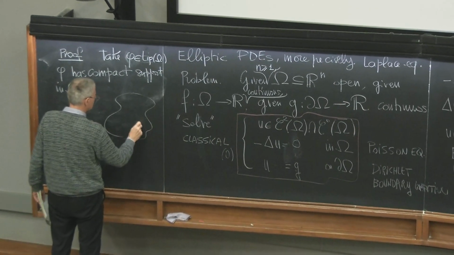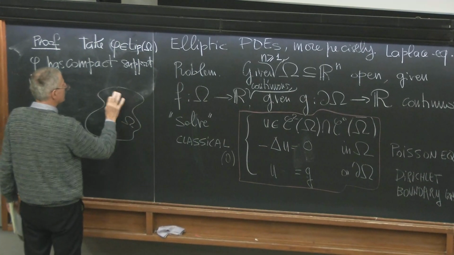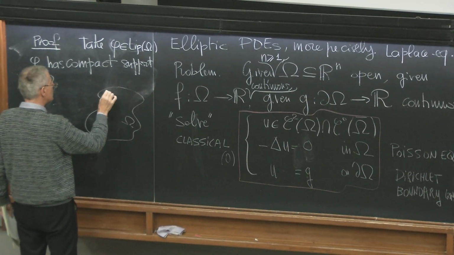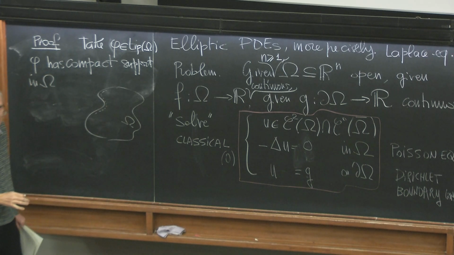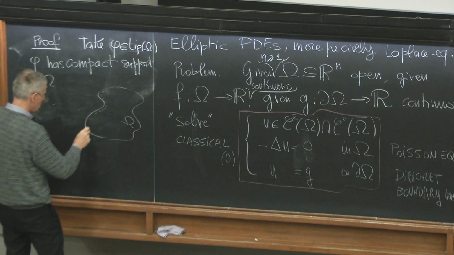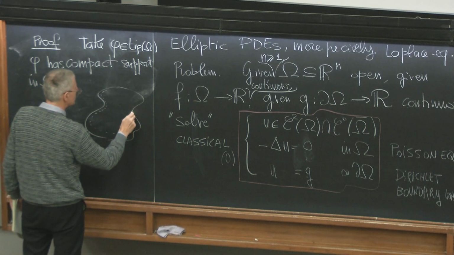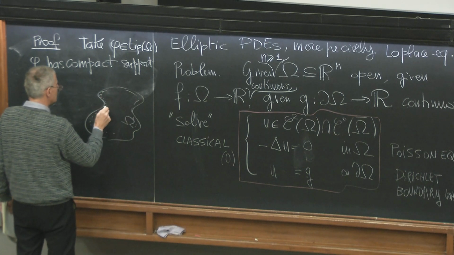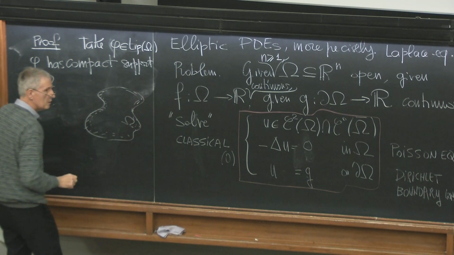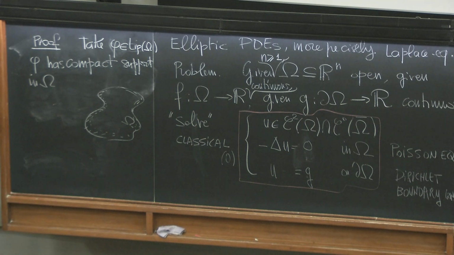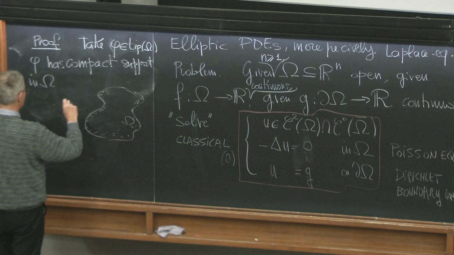This is omega. Then phi is non-zero somewhere, but is 0 outside of a compact subset inside omega. So I don't know where it is, but I know that phi is 0 in a neighborhood of the boundary of omega.